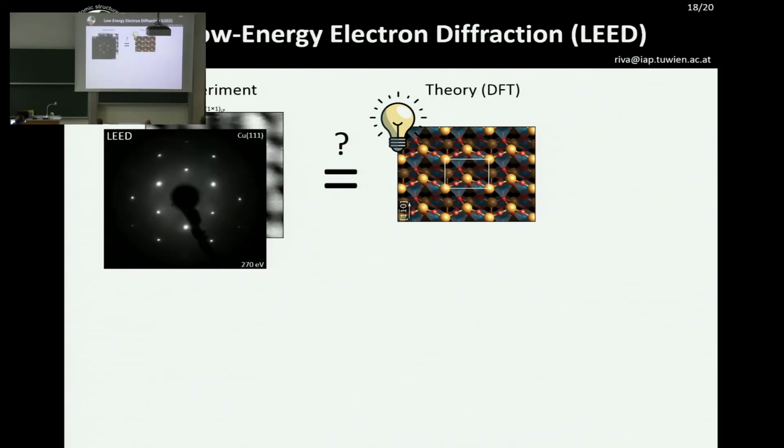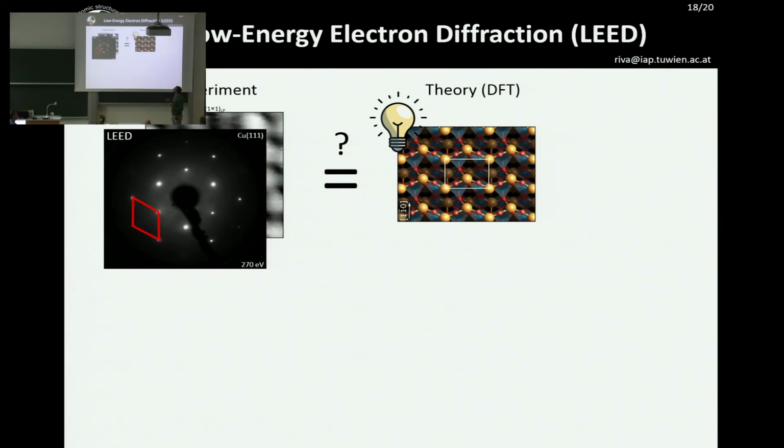Luckily enough, all our surface scientists have another technique that has already been mentioned, which is low energy electron diffraction, that is underused in all our systems. Essentially, it is more or less at one energy. You can think of it as the Fourier transform of your surface, and it is typically used just to check the periodicity of your surface.